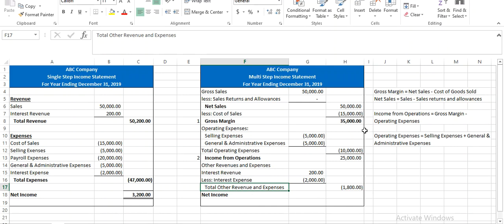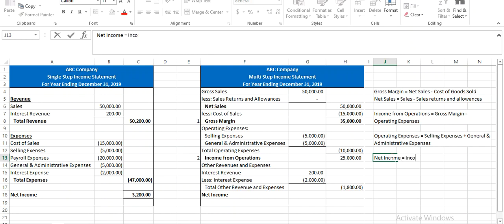And so in this instance, now that we have all of that, we can calculate our net income. Our net income is a formula, which is income from operations, plus or minus other revenues and expenses.